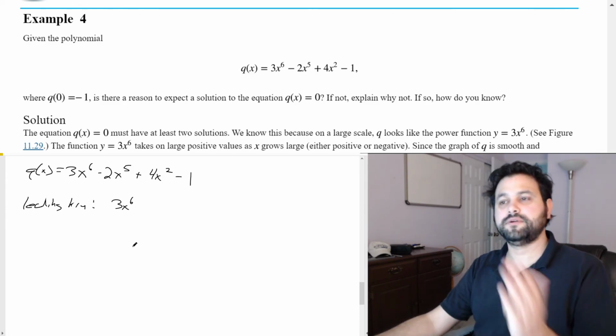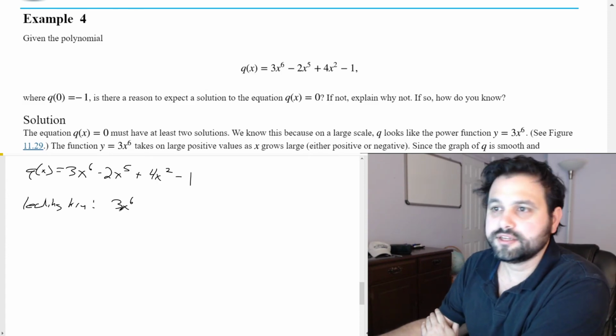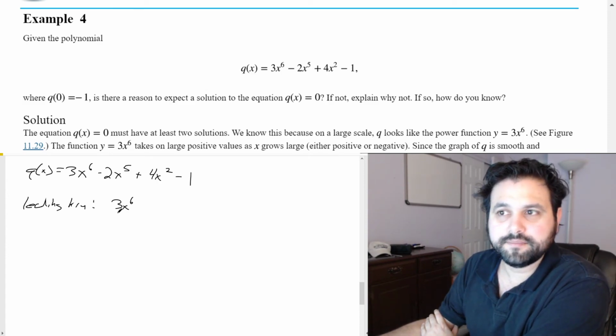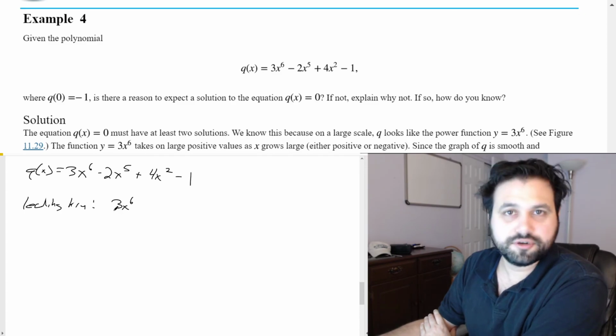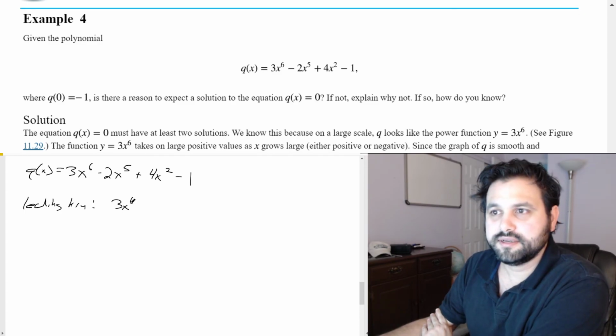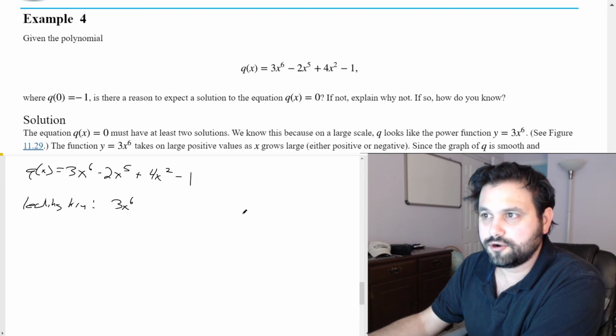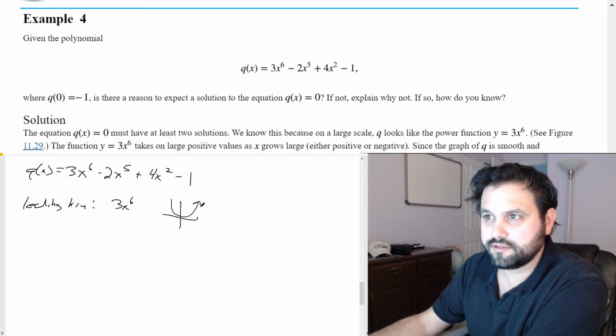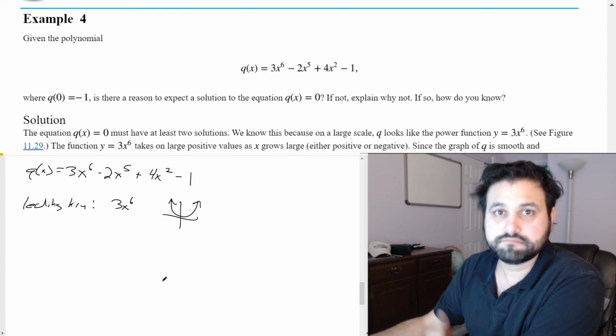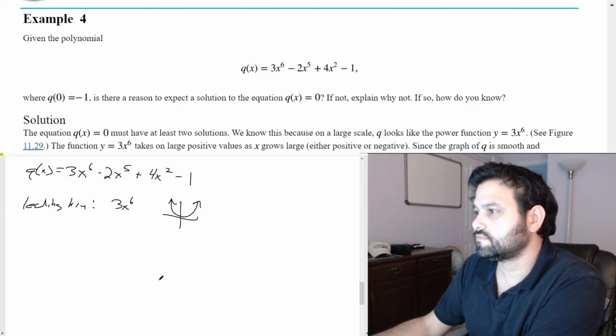It's the largest exponent, it's the leading term. Okay, so it's a positive coefficient, so there's no reflection, and it's an even exponent, so I'm going to sketch that out. It's going to look like that in the long run, right? Even. Looks like x squared in the long run.